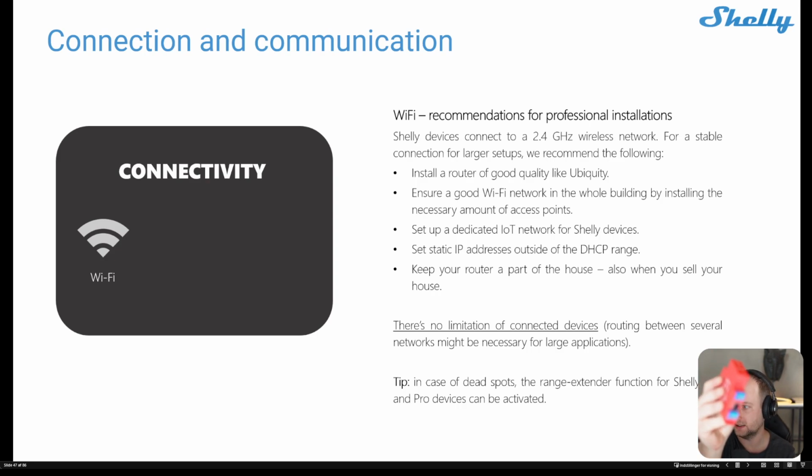Then you can connect a LAN cable to the first Pro device, activate the range extender function on this LAN-connected device, and generate a small wireless network inside your electric panel, which all other Pro devices can connect to wirelessly. That's just a small tip.